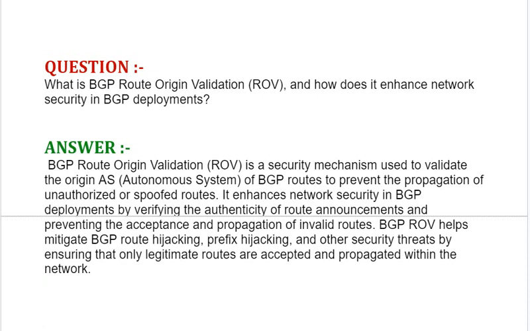Our next interview question is: what is BGP route origin validation (ROV) and how does it enhance network security in BGP deployments? Your answer should be: BGP route origin validation (ROV) is a security mechanism used to validate the origin AS (autonomous system) of BGP routes to prevent the propagation of unauthorized or spoofed routes.